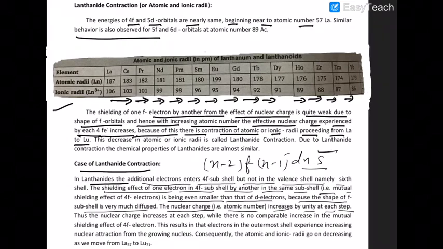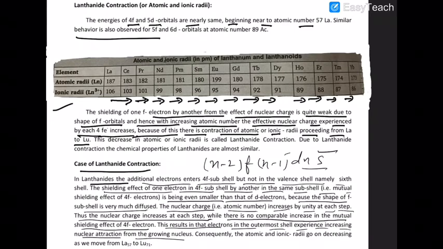The nuclear charge also increases in each step, but there is no comparable increase in the mutual shielding effect of 4f electrons. This results in the electrons in the outermost shell experiencing nuclear attraction from the growing nucleus. So the atomic and ionic radius goes on decreasing as we move from lanthanum to lutetium.